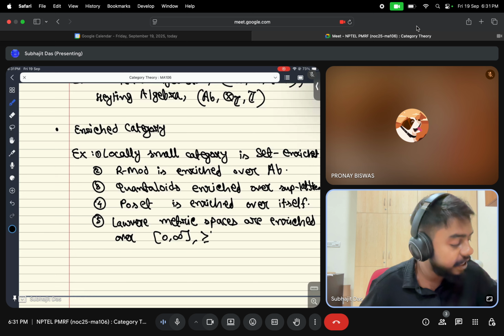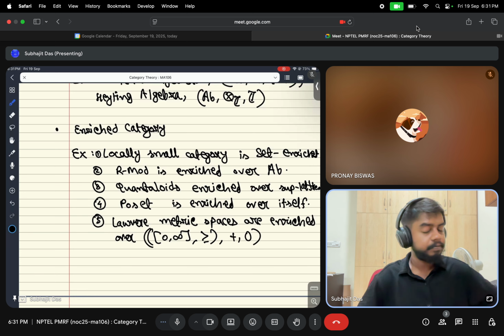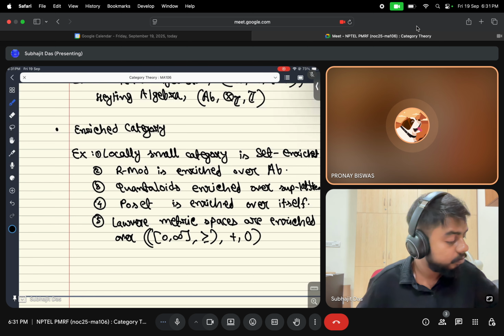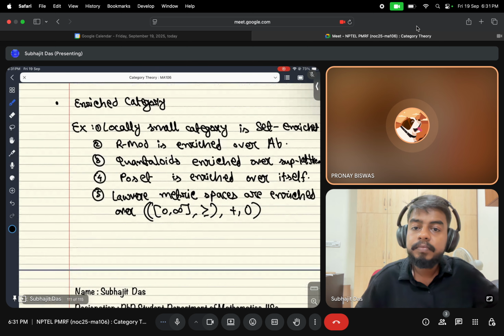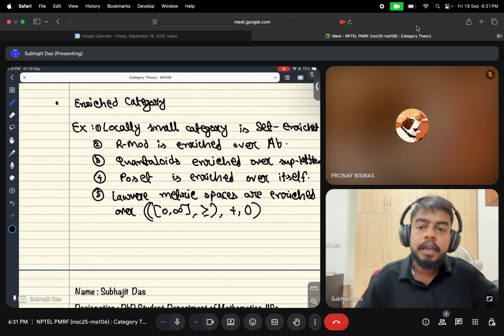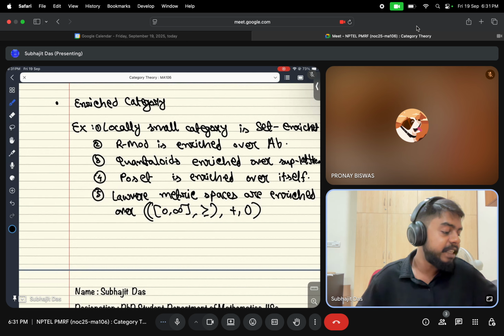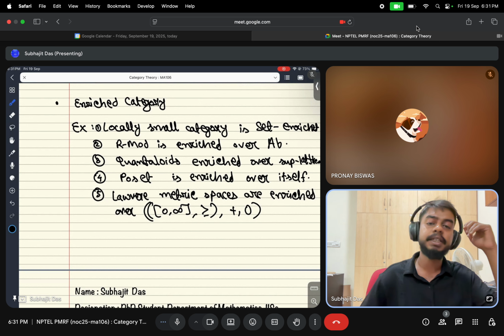Or rather, let's write it like this. So the interesting thing is there are a number of things that can be done from this point.